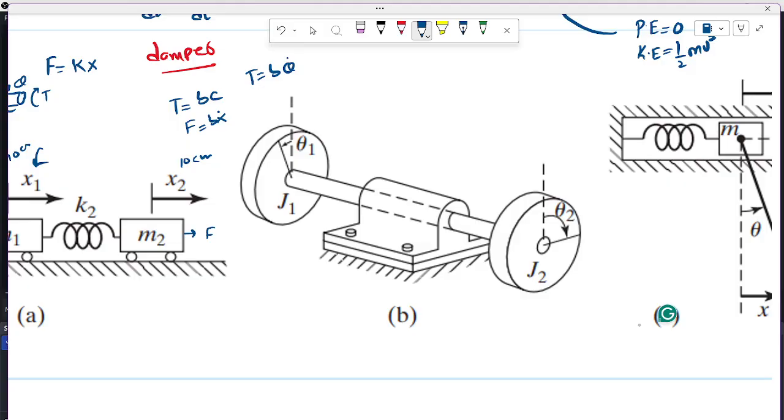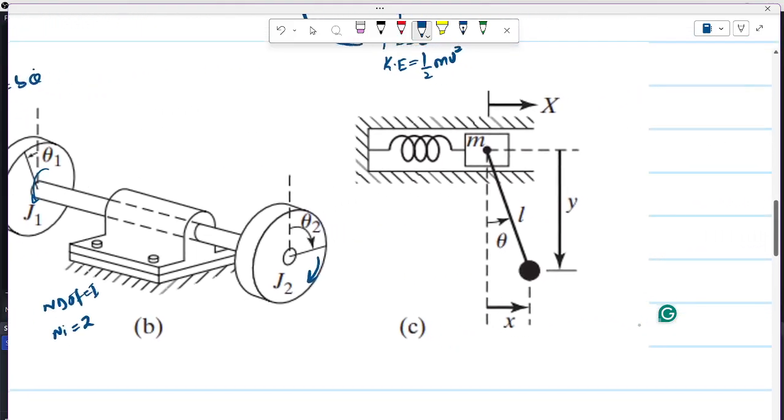Disc 1 doesn't depend on disc 2. There will be some force transfer, but you can rotate one in this direction and the other in that direction. It's absolutely possible. Although the number of degrees of freedom is 1 again, because they are both along the rotational plane, the number of independent coordinates is 2, that is theta 1 and theta 2.